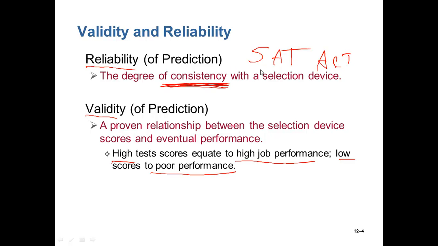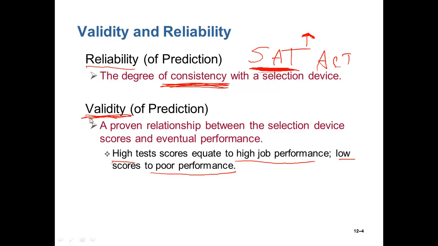If it's reliable, it means if you took the test time after time, you'd get more or less the same score. You should improve from test to test because you're learning about it. You may be less nervous, but in general, your scores tend to keep a fairly good range. That would mean that the test is reliable.